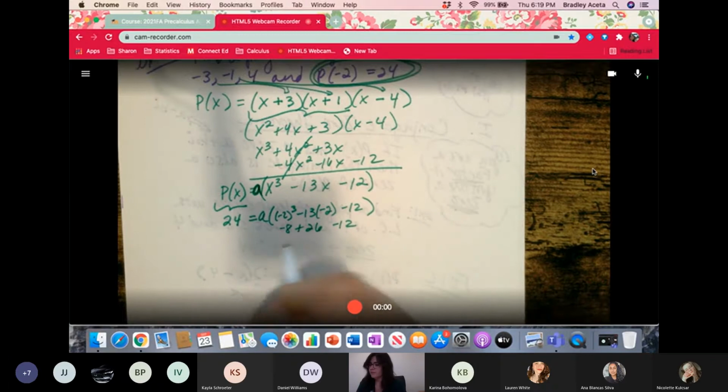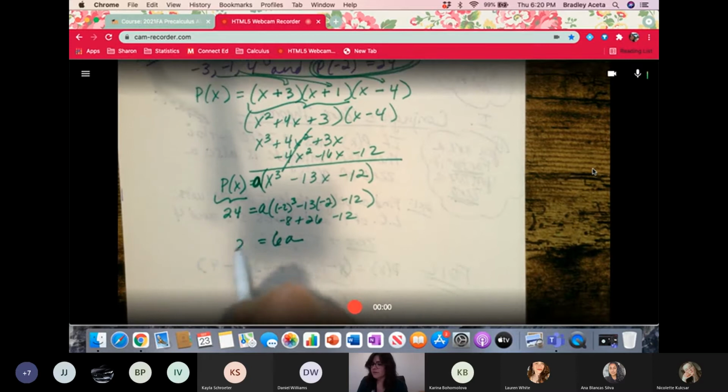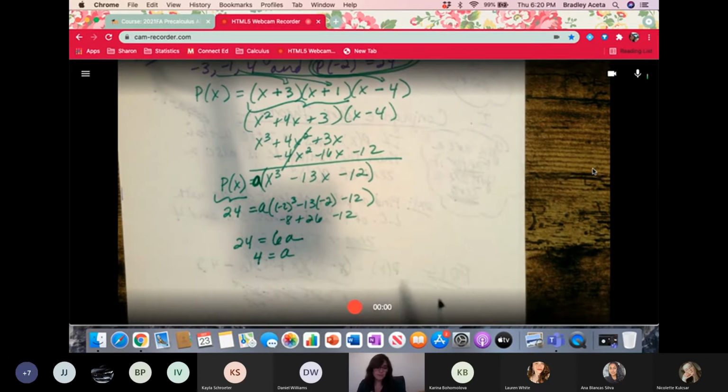Yeah, 6. That's what we get. So 6a is on this side. 24 is on this side. So that means we had a leading coefficient of 4. Our a is 4.